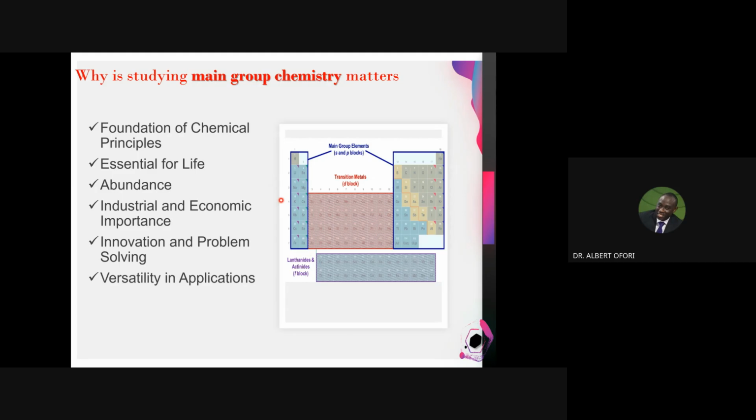When we talk of life, this is what we mean by life, whether living or non-living things. If we say living things, we are talking of compounds that are made up of carbon, hydrogen, nitrogen, oxygen, phosphorus, sulfur, and some few halogens. These are what we call organic compounds. So when it is hydrogen and carbon, we say it's a hydrocarbon.